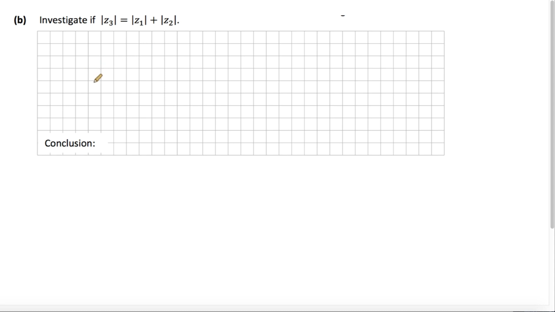That's 1, that's 5, and we're looking for, let's call it A. A is the modulus of Z3. So A squared is equal to 1 squared plus 5 squared. So A squared is equal to 1 plus 25, which is 26. So A is root 26.